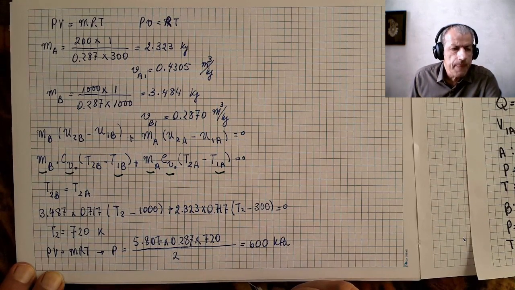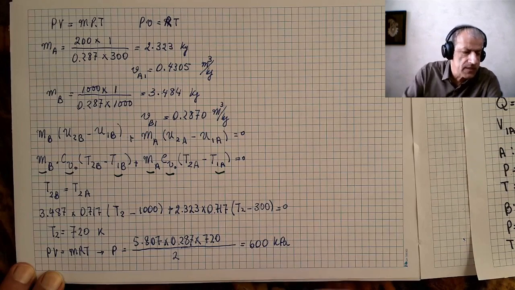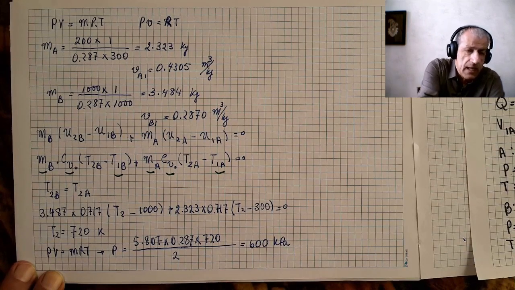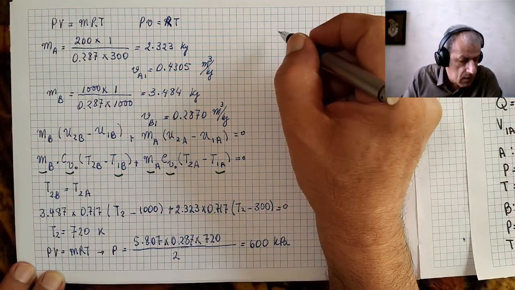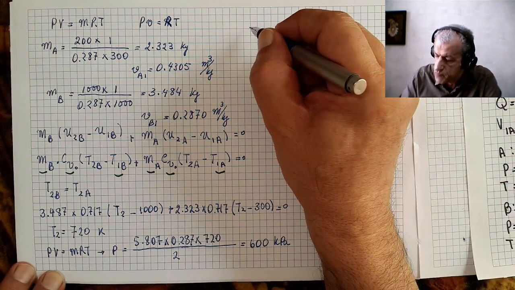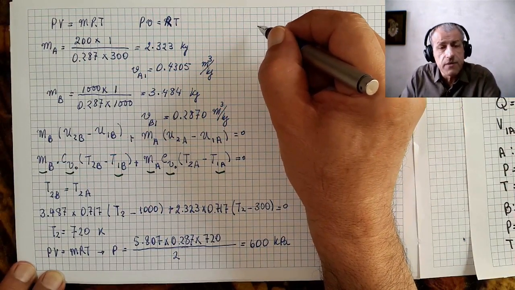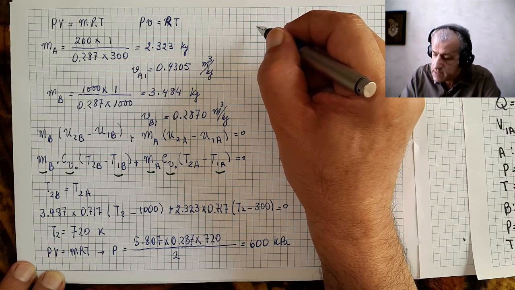While we know both temperatures are the same and the pressure is 600 kilopascals, we could easily calculate the volume on each side, which has now changed, still from the perfect gas law.